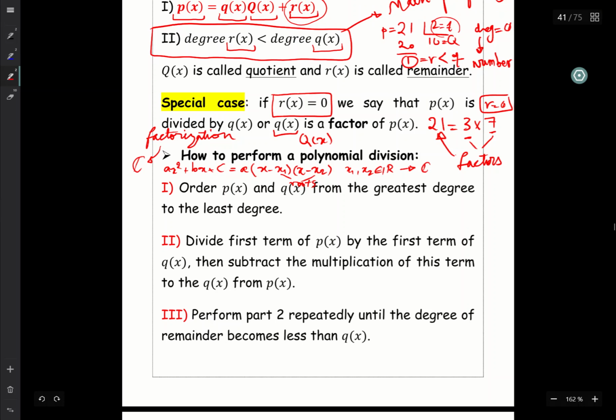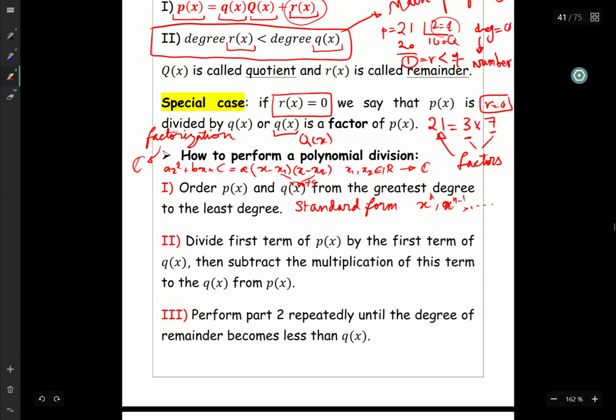How to perform a polynomial division? So P and Q, you put them in the standard form. A standard form usually means that you order them from the highest degree, x to the n, x to the n minus 1, etc., and then start the division.